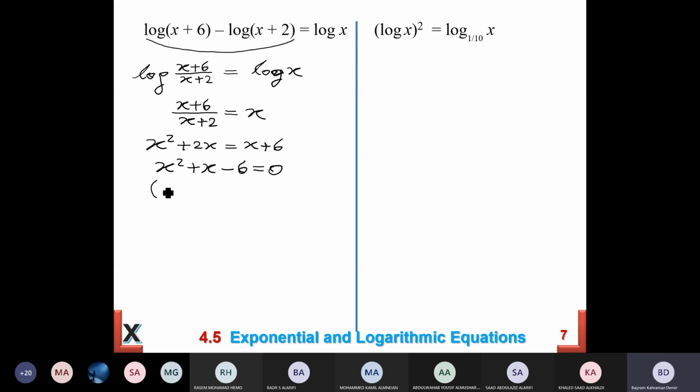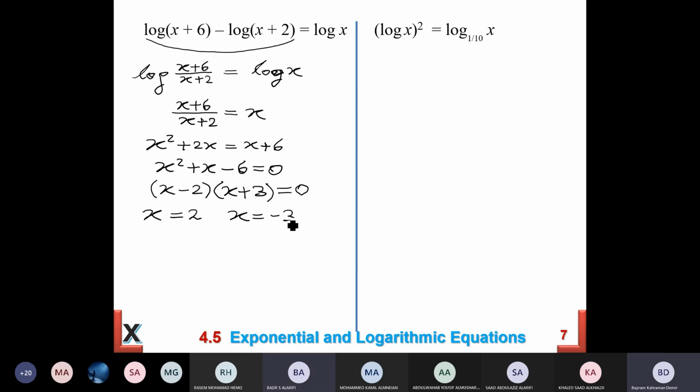Which is a simple quadratic form. Of course, x minus 2 times x plus 3 equals 0, I guess, right? Yes. Now we have two options: x is 2 or x is negative 3.